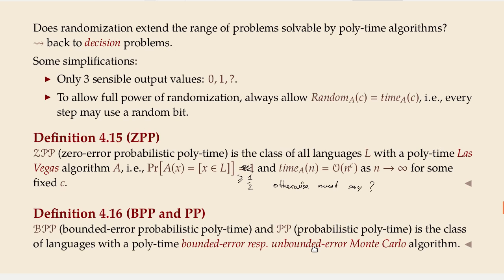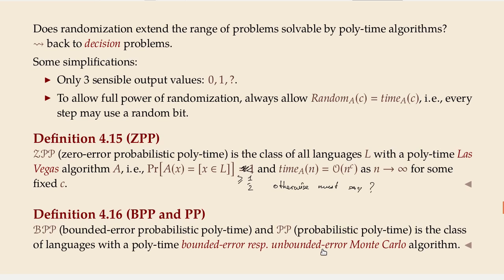Now if you think back to the result that we've just proven, namely that for these guys we can't even amplify the probability a bit, whereas for these guys we could even show a with high probability bound using only polylogarithmic repetitions, we should expect that BPP and PP are actually quite different classes.